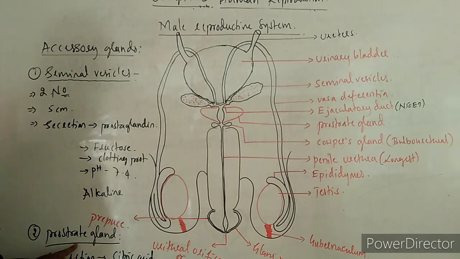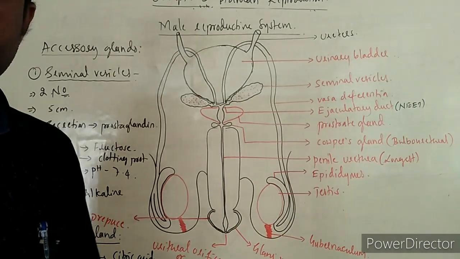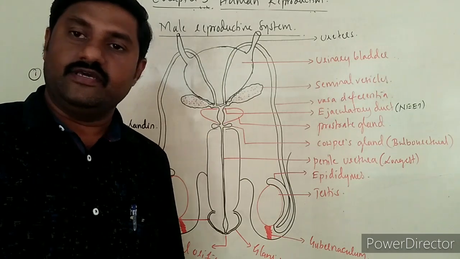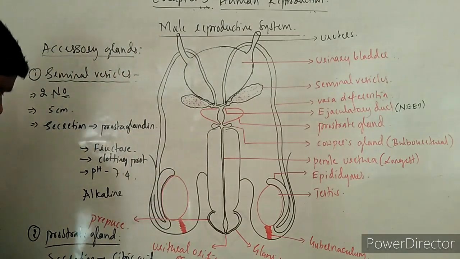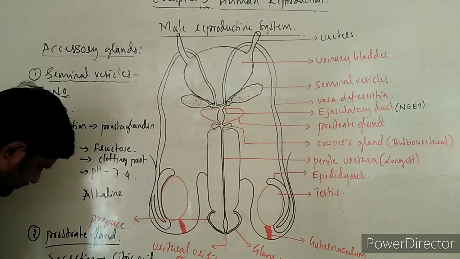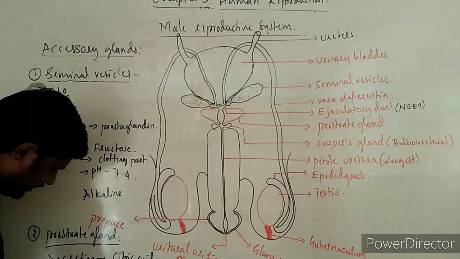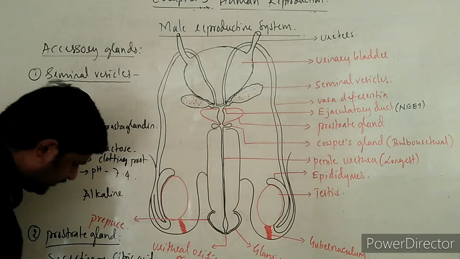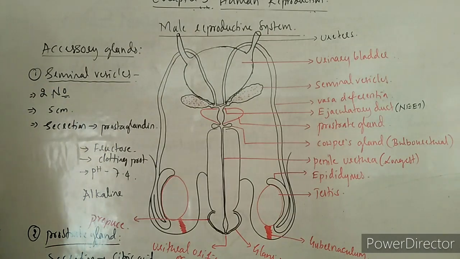This acidic nature is also essential. So the prostate gland contains citric acid, and along with this, certain enzymes like acid phosphatase are also released over here.